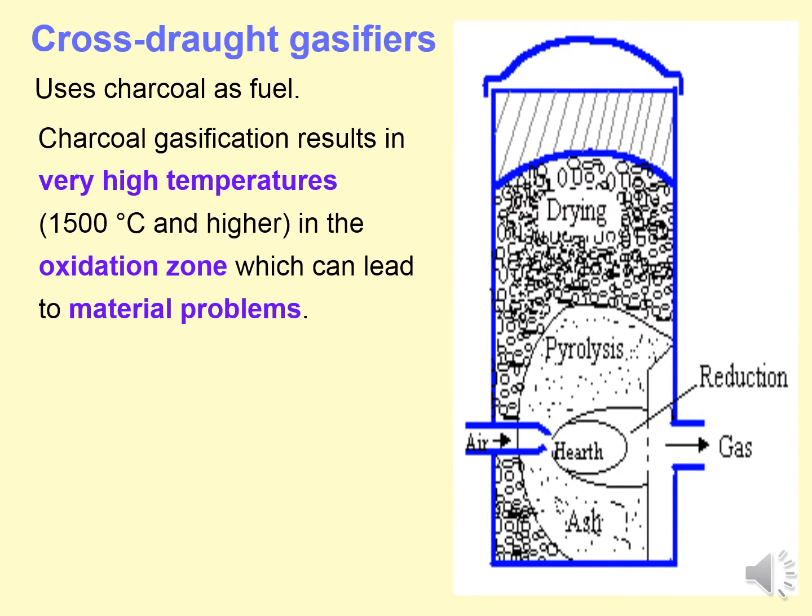So the third one is the cross draft gasifier. Cross draft means air is supplied from this side and you get the gas from this side. Charcoal is used as the fuel here. Charcoal gasification results in very high temperature in the oxidation zone, which can lead to material problems.